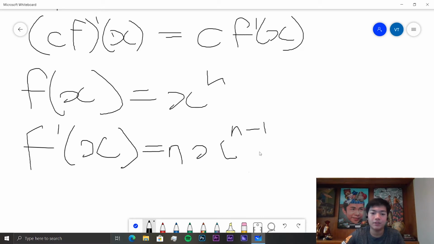This is probably the most important rule that you need to know, and it's called the power rule. It will help you simplify your calculus life a lot. So remember, if you have a function that's x to the power of n, then to get its derivative we bring down the power and then subtract 1 from the power.